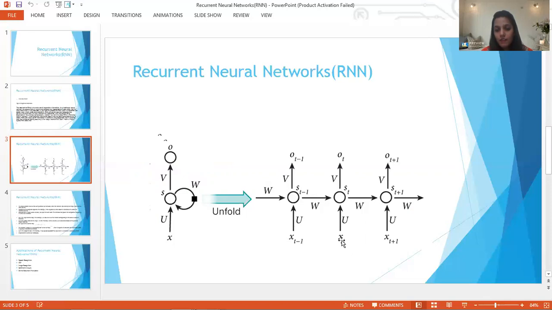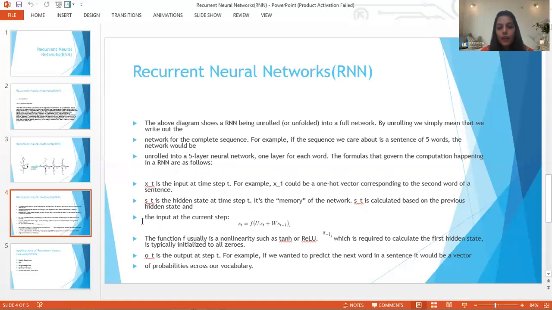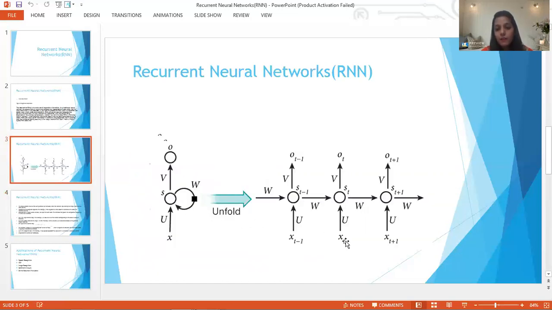So xt is the input, the current input at time t, and xt minus 1 could be a one-hot vector corresponding to the second word of a sentence. Here you can see xt minus 1 is the previous one, and there is also the next one.